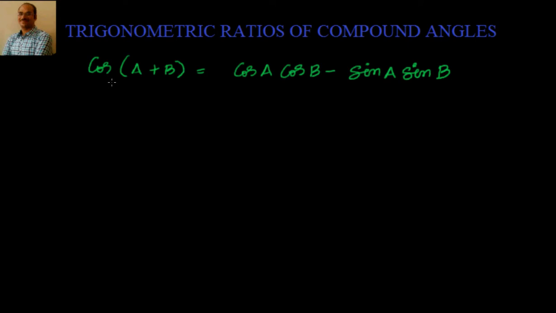First we'll try to find out what is cos of a minus b. So a minus b is nothing but a plus minus b. So I will write cos of a minus b is equal to cos of a plus minus b.